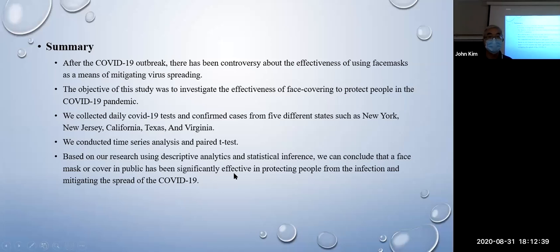Then based on our research using descriptive analytics and statistical inference, we concluded face masks are effective to protect people from coronavirus and mitigate spread. So that is a summary of our research.